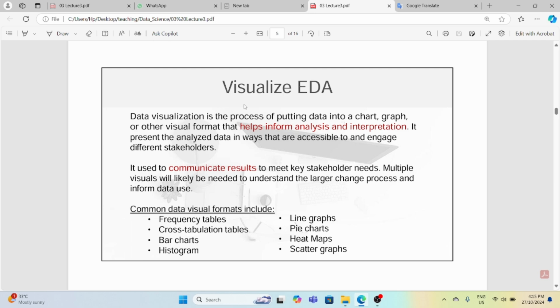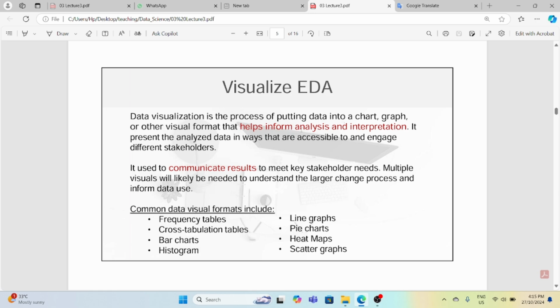Data visualization is a process of putting data in a chart or graph, as we did in our Friday lab 2. We use Python to visualize our data as a graph, bar chart, or pie chart.